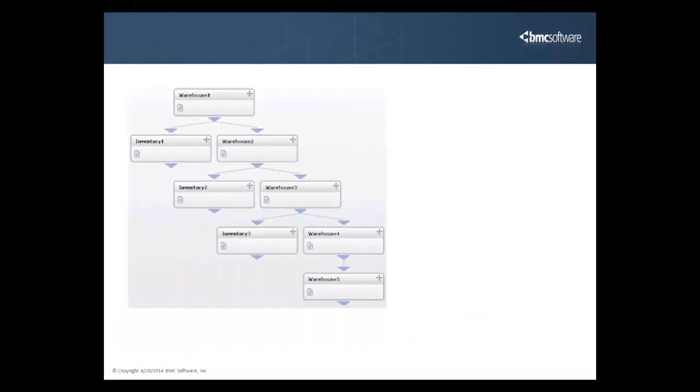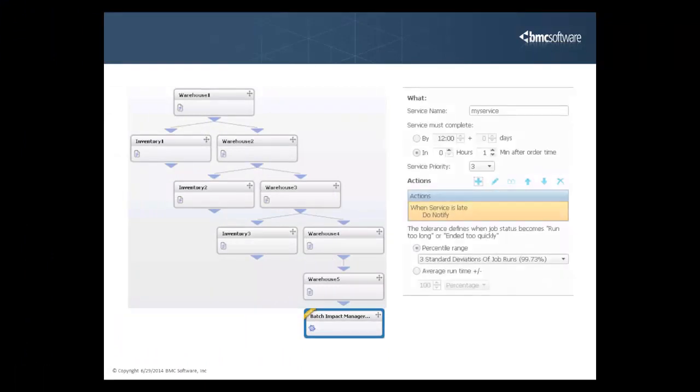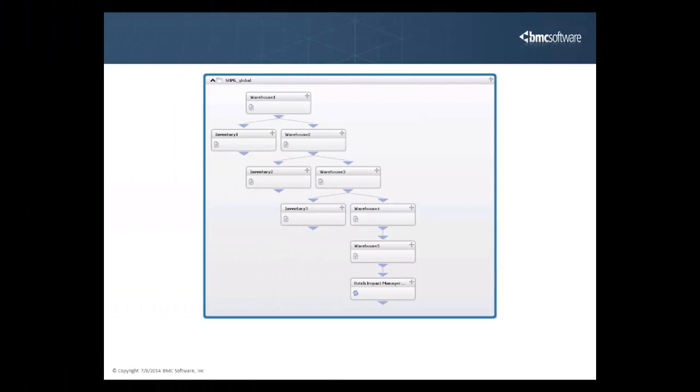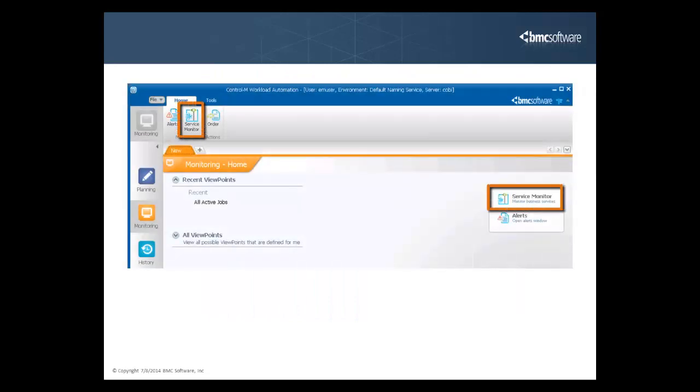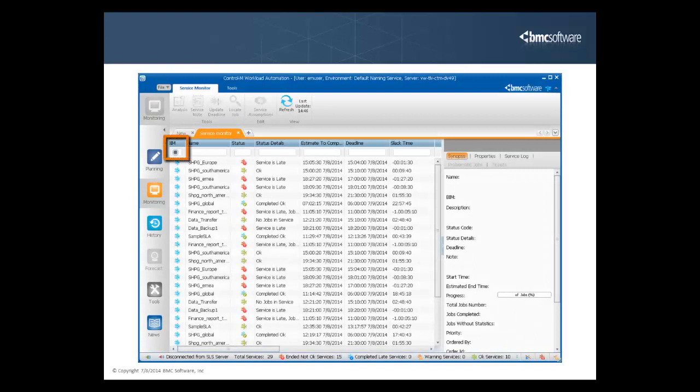You create a BIM service by adding a BIM job to a job flow and setting the alerts and parameters for the BIM service. After you create and then order the workspace that contains the BIM job, you go to the monitoring domain and open the Service Monitor. In the Service Monitor, you can filter for BIM services and view the status and other information for the service.